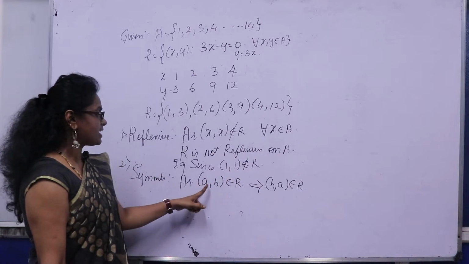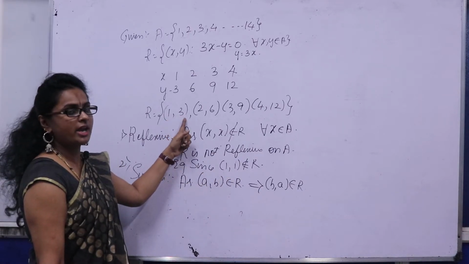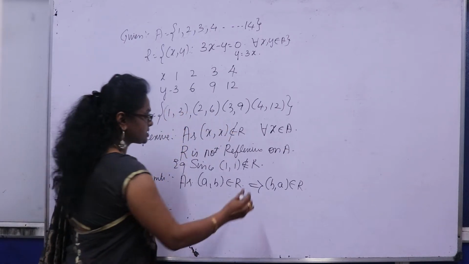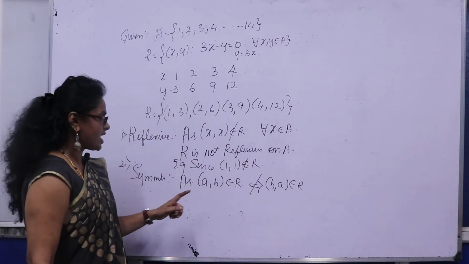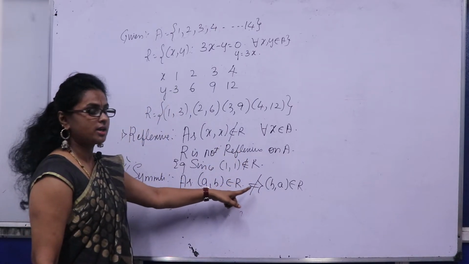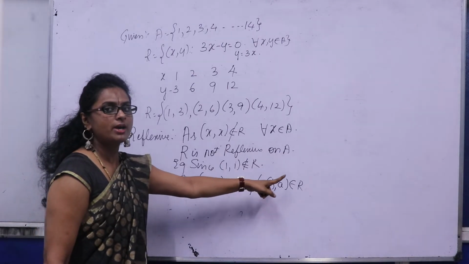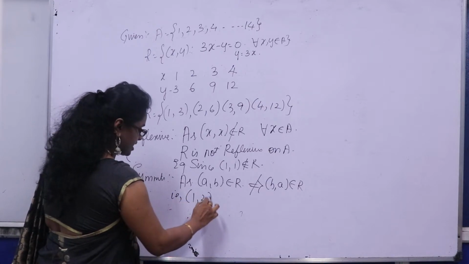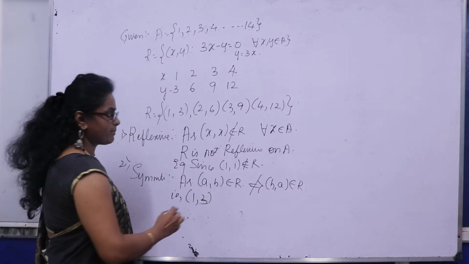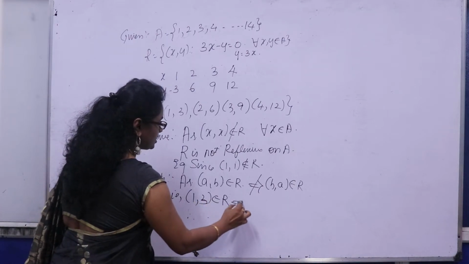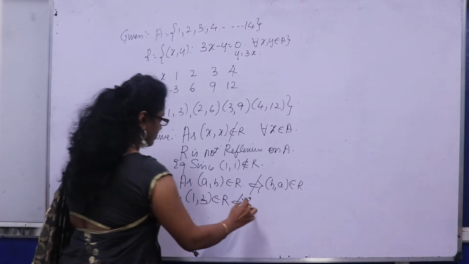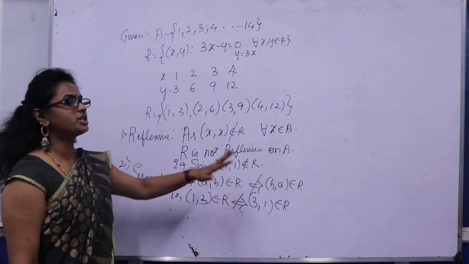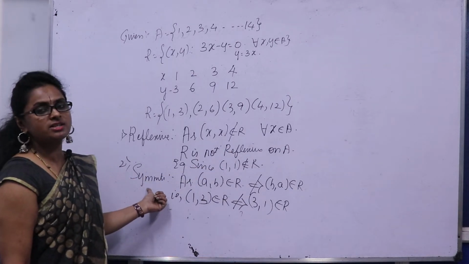It's impossible. As (A, B) belongs to R. Okay, fine. (1, 3), I am saying that it belongs to R. But do you find any (3, 1)? It is not seen. So that is why I can just say that (A, B) belongs to R does not imply (B, A) belongs to R. For example, (1, 3) belongs to R does not imply (3, 1) belongs to R. If this condition is not satisfied, can we say that it's symmetric?